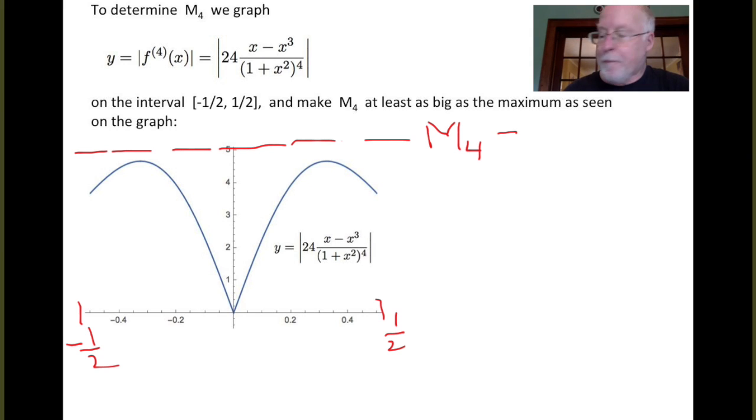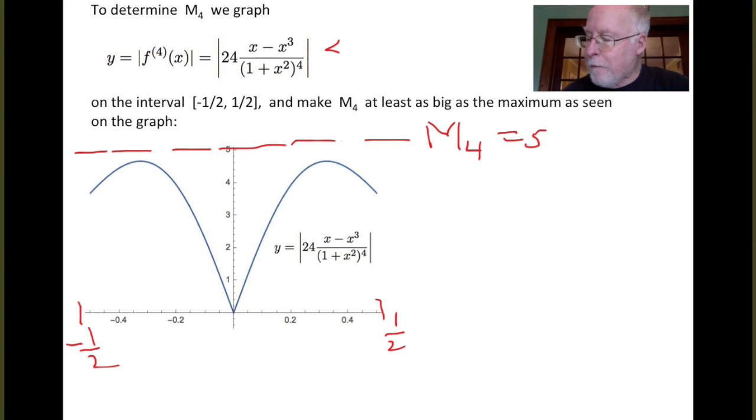Notice the 5 is actually bigger than this function all the way across. We could have gotten by with something a little less, maybe 4.9, but generally, if I don't have to go too much bigger for M_4, or M_{n+1}, I like to make it a nice number. So I'd rather work with 5 than 4.9.